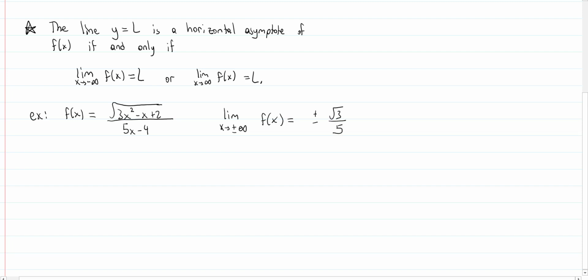The limit was root 3 over 5 when x was approaching positive infinity, and the limit was negative root 3 over 5 when x was approaching negative infinity. So therefore, we can conclude that y equals root 3 over 5 and y equals negative root 3 over 5 are the horizontal asymptotes of this function f of x.